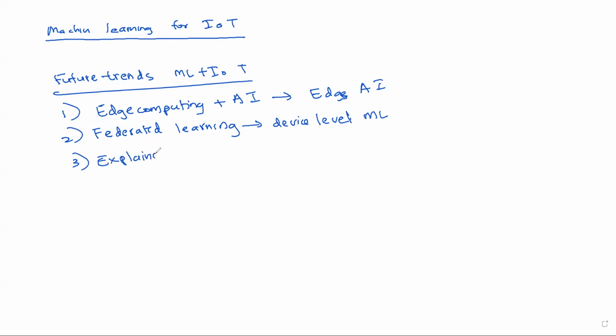Explainable AI is of course a general application where we try to explain the AI model that we are using. If we use it in IoT applications, we need to be able to justify the AI model that we have used and its parameters.